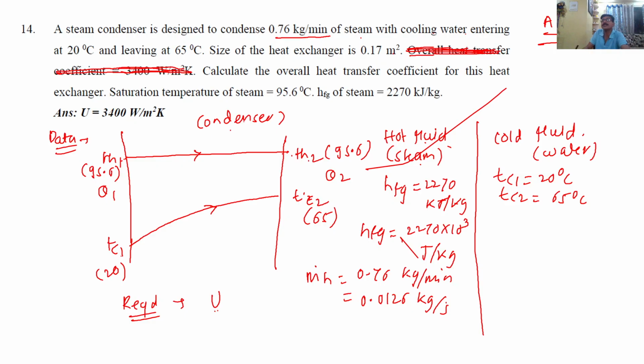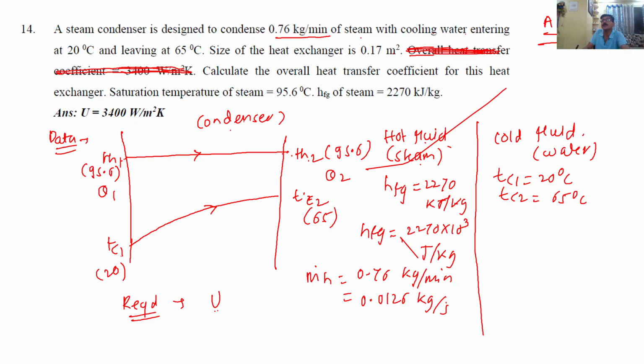If I am using the LMTD approach, I can use the basic formula of effectiveness by definition. Epsilon is equal to delta T for the C minimum fluid divided by the maximum temperature difference, TH1 minus TC1. Now how to get the C minimum fluid? How to identify it? So let's calculate heat capacities of hot and cold fluid separately. What is heat capacity?